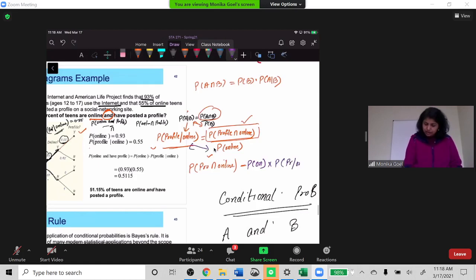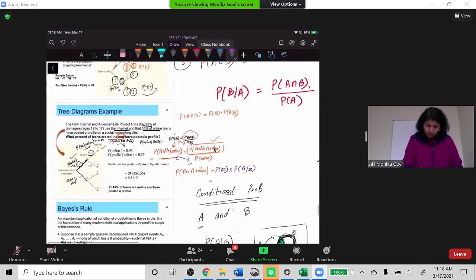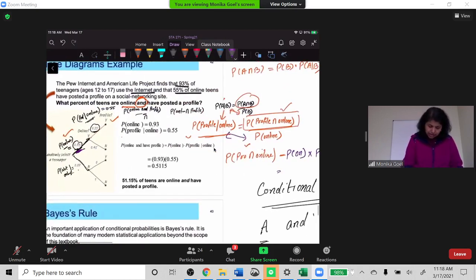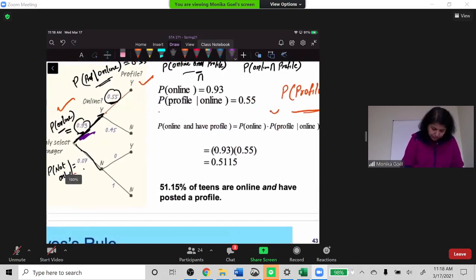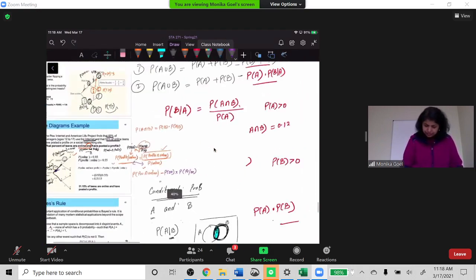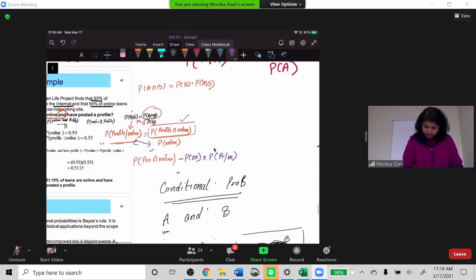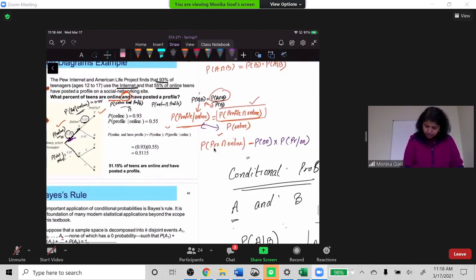profile given online. And you have this information, the probability of online is given to us as 93%. This is your 93% and this is your 55%, and you can solve it.